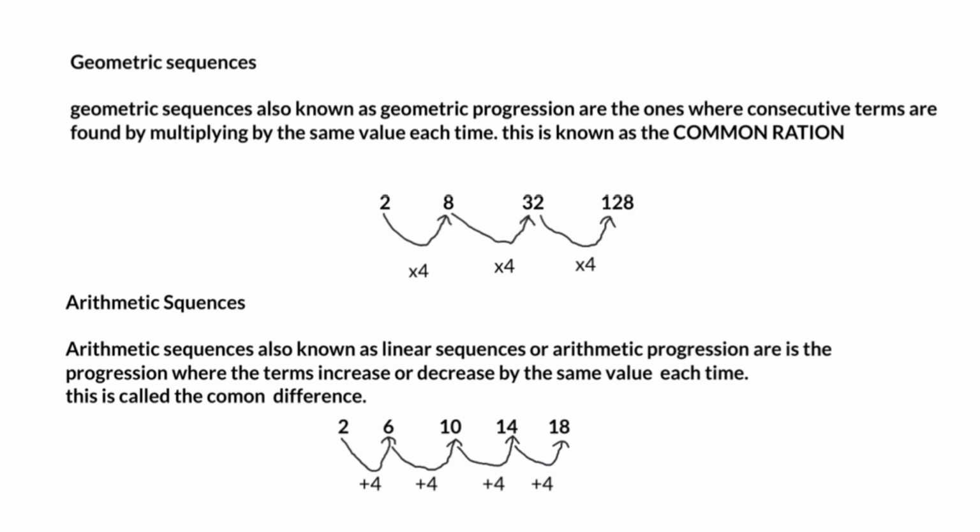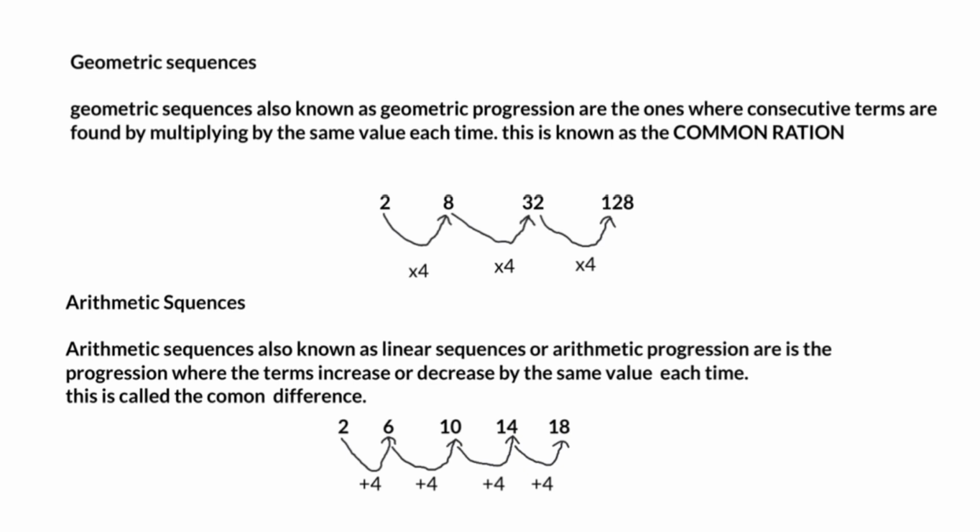Geometric sequence, also known as geometric progression, are the ones where consecutive terms are found by multiplying by the same value each time. This is known as the common ratio. You can see from the example, 2, 8, 32, and 128. The difference between these numbers is multiplying by 4.